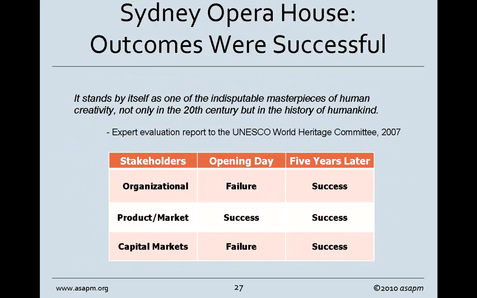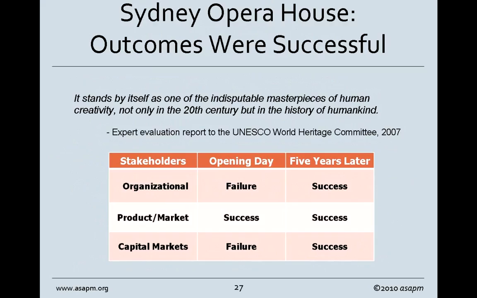So that's kind of interesting. The little chart there talks about stakeholder view and views of success. Organizationally, apparently this was a failure when it was finally put together. But 5 years later, they perceived this thing to be just an unbelievable success. It was very good for the country. It became an icon. People are very proud of it.